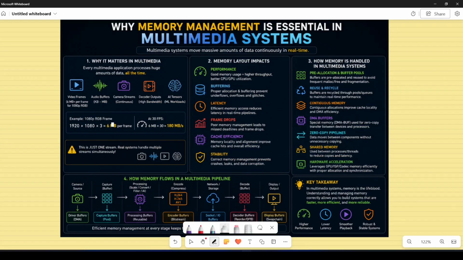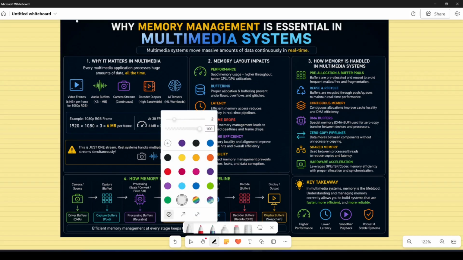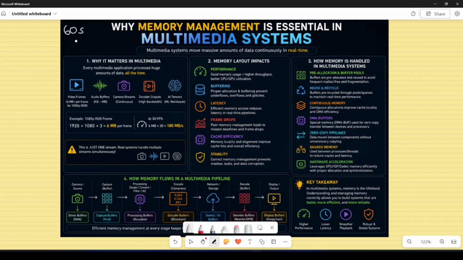So how many frames do you have in a 1 minute video? Suppose 1 minute is 60 seconds, and you have a 60 fps frame rate, so 60 frames per second. So 1 minute is 60 seconds, and 60 fps means 60 into 60 into 6 MB.